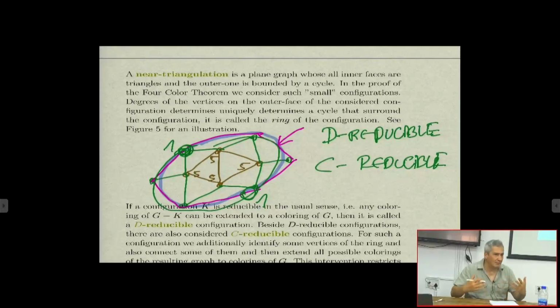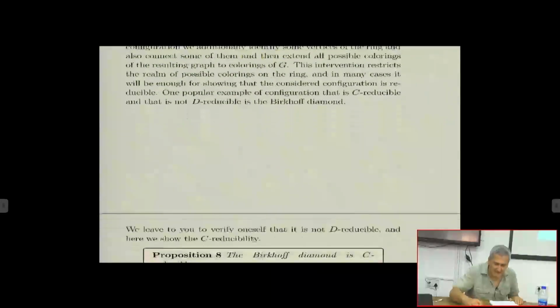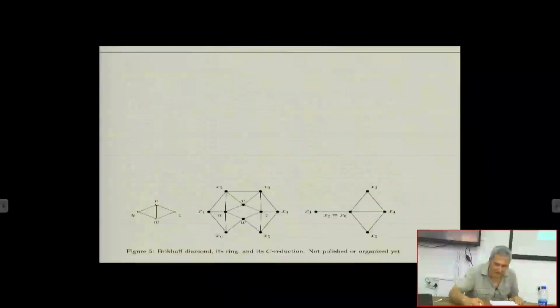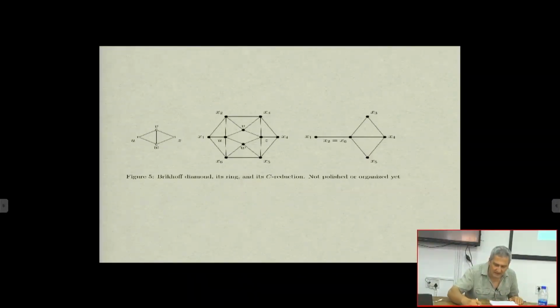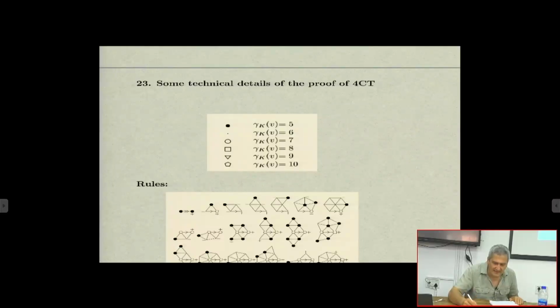And then they prove for all of these 677 that they are C- or D-reducible, and they prove it with the rules. Here are the examples of the rules they apply. This is the legend, what kind of degree a vertex has: this means a vertex of degree 10, that means a vertex of degree 9.